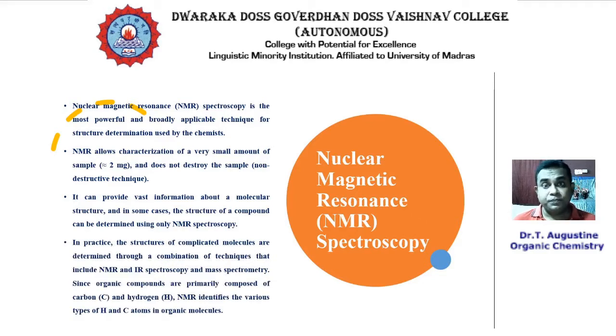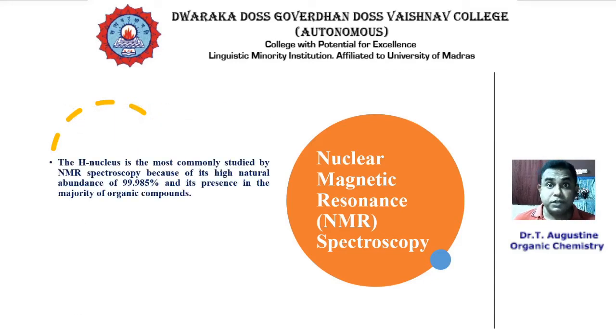In practice, the structures of complicated molecules are determined through a combination of techniques like UV visible spectroscopy, IR spectroscopy, mass spectroscopy, elemental analysis, etc. Since organic compounds are primarily made up of carbon and hydrogen, NMR identifies the various type of hydrogen and carbon atom environments in the organic molecules.